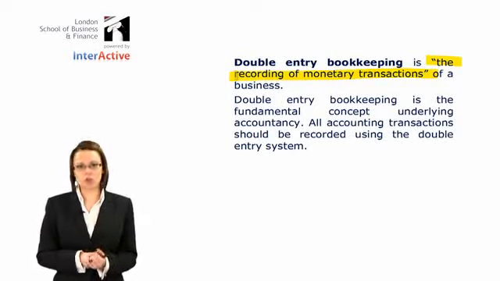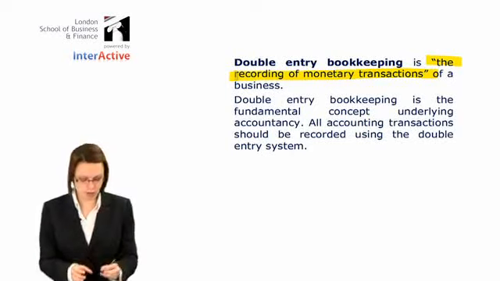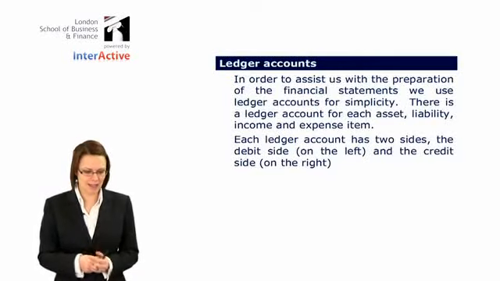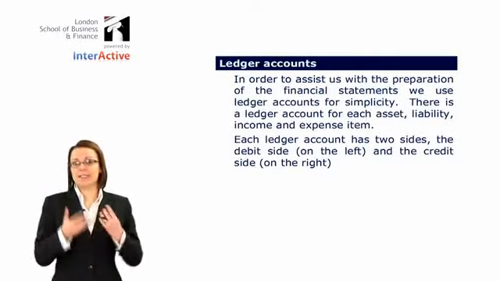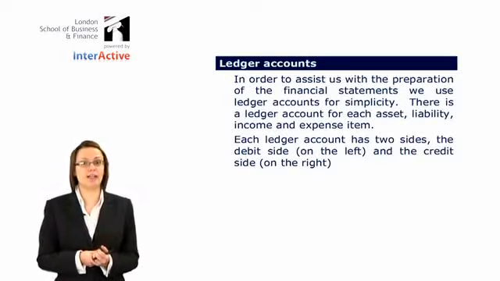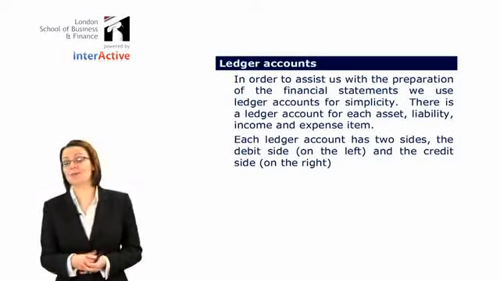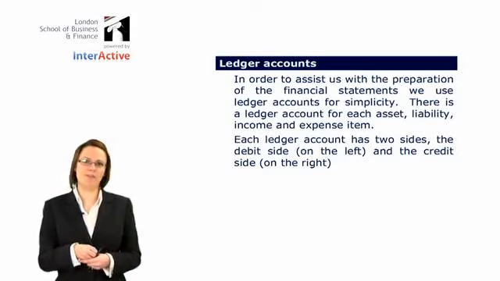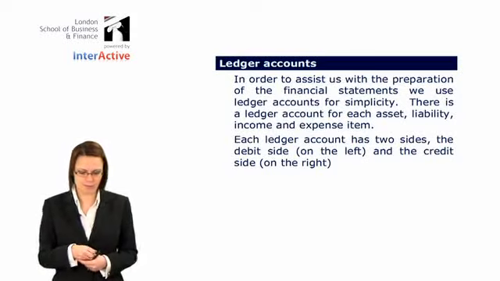Now, when we record transactions, what we're going to record them on is our ledger accounts. Now, ledger accounts are going to assist us in preparing our financial statements. Remember that we said that they were the statement of comprehensive income and the statement of financial position.